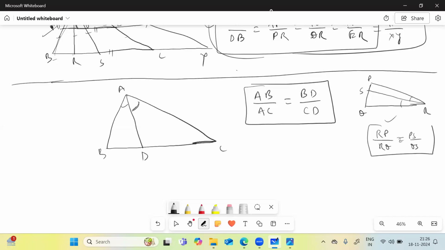So irrespective of the way I'm drawing the figure, if any particular angle is getting bisected, it will divide the line in front of it in the same ratio as the sides with which the angle has been made. Will anyone prove this?